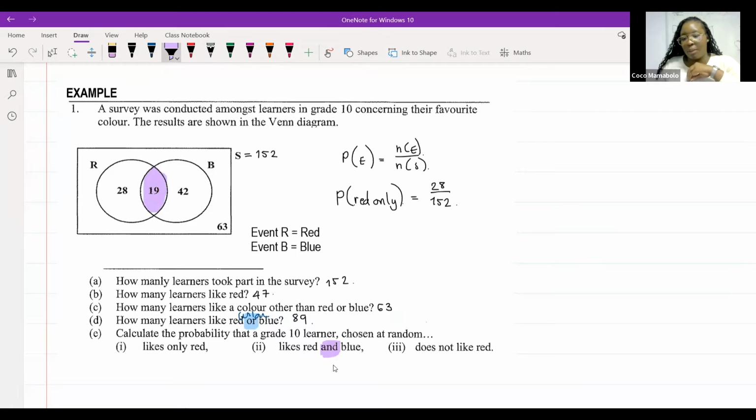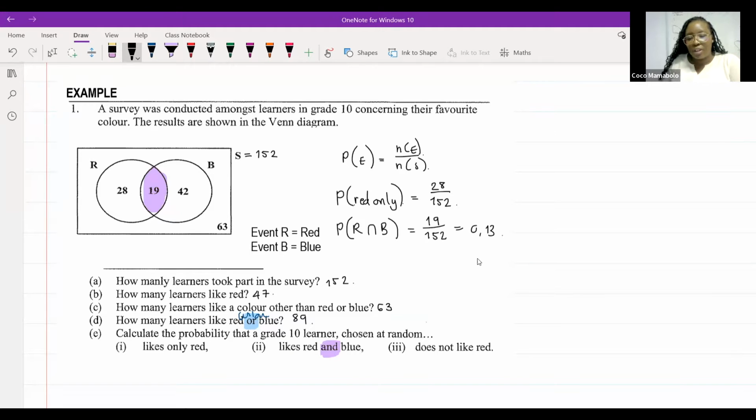So we know that's going to be 19. Remember, guys, "and" is the intersection. So we're going to go the probability of red intersection with blue, and that's going to be 19 over 152. And as Namisile says, that's going to be 0.13. Thank you so much.